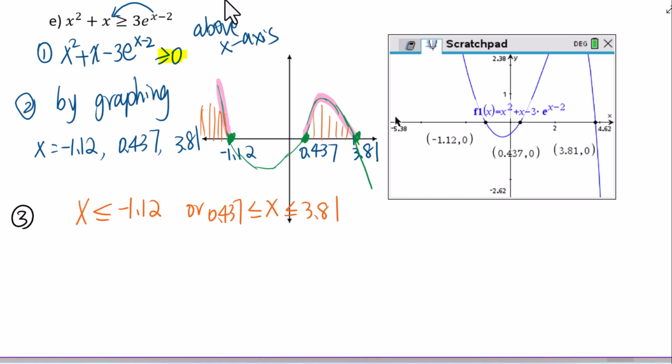We can write down the interval form: negative infinity to negative 1.12 bracket, union, bracket 0.437, 3.81 bracket.